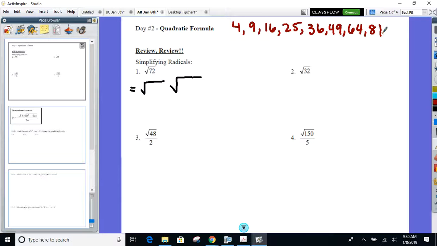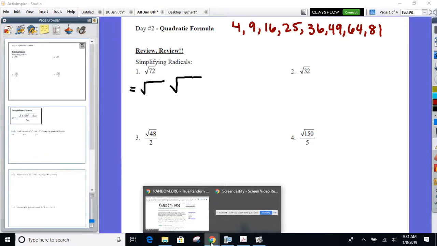Okay. Now, do you have to memorize these? No. Anybody know where you get 4 from? 2 squared. Anybody know where you get 9 from? Okay, so you don't need to memorize these. You can just go 2 squared, 3 squared, 4 squared, all the way up to whatever squared you want. So out of these numbers here, which one's the biggest one that goes into 72 evenly?